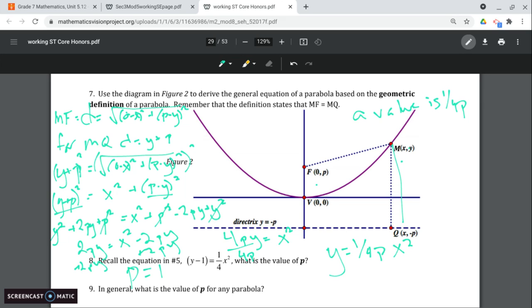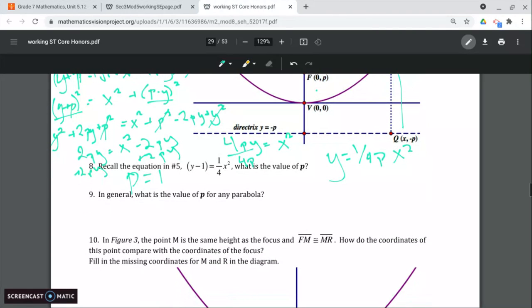Since a equals 1/4, and so 1/4 times 1 would be 1/4, and the p is in the denominator with that 4. And so in general, what is the value of p for any parabola? The distance from the vertex to the focus.